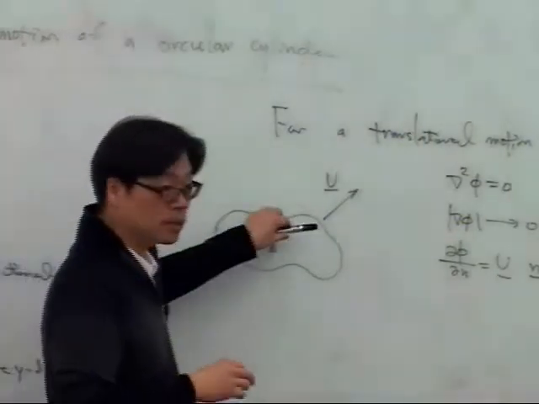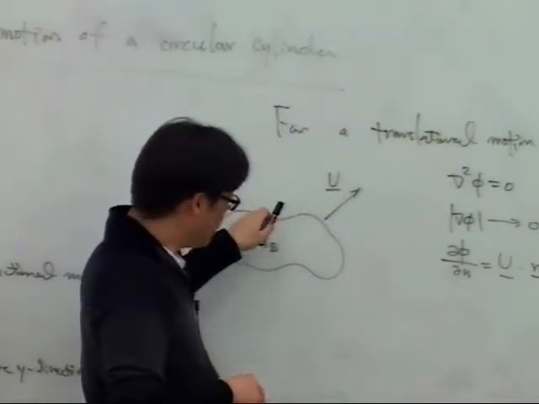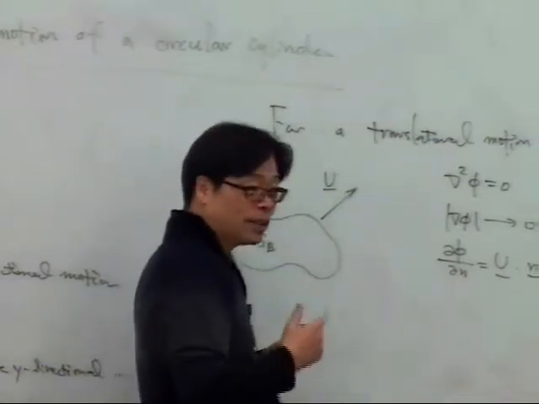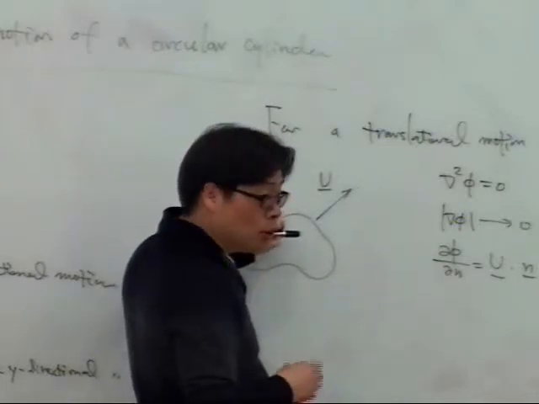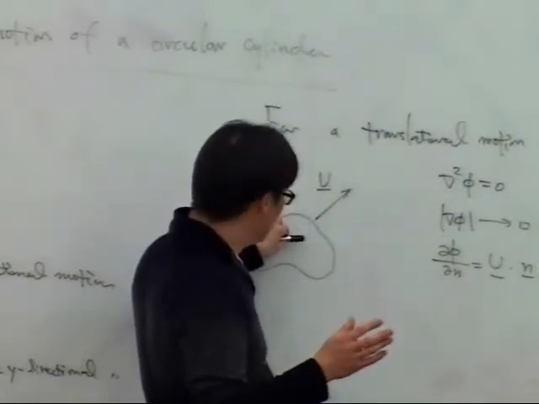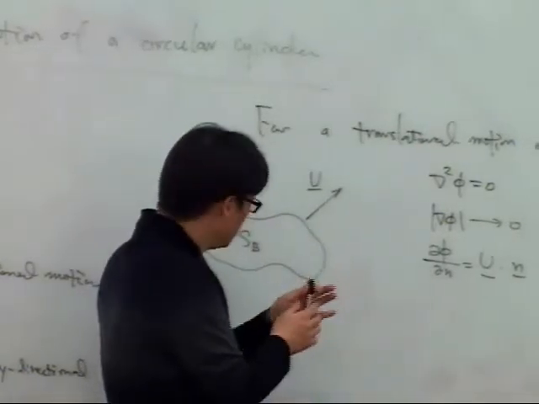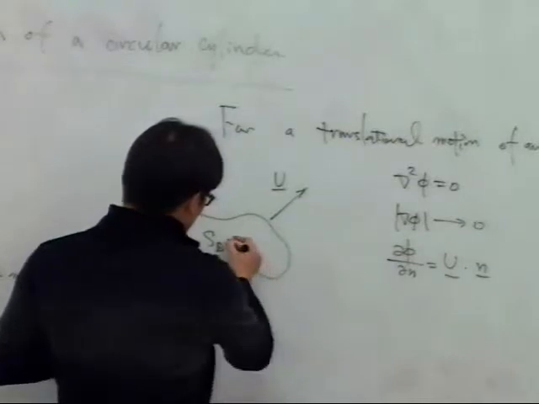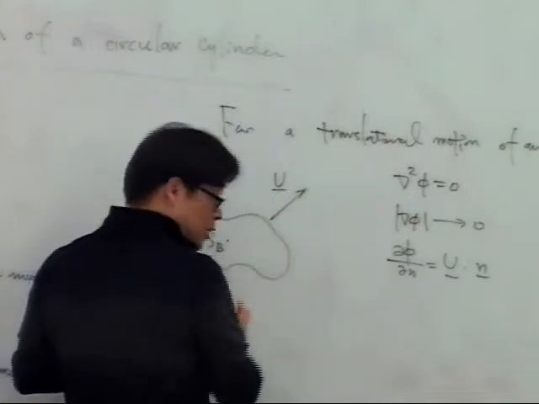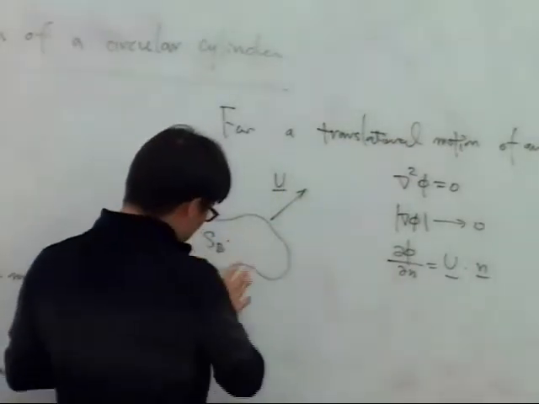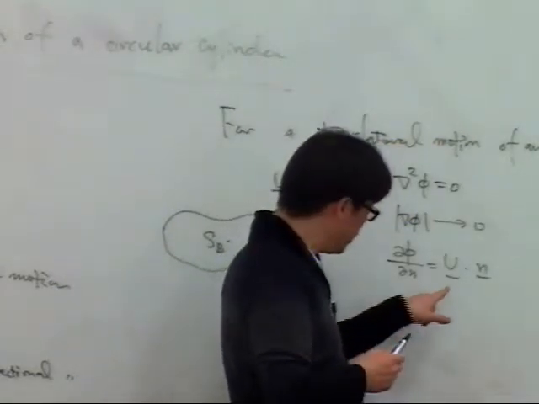So the coordinate system is fixed on the body, and therefore the normal vector doesn't change. The normal vector changes when you have a rotational motion. So for translational motion, the normal vector doesn't change because it is fixed with the body, and therefore the only time dependence that you see is here.